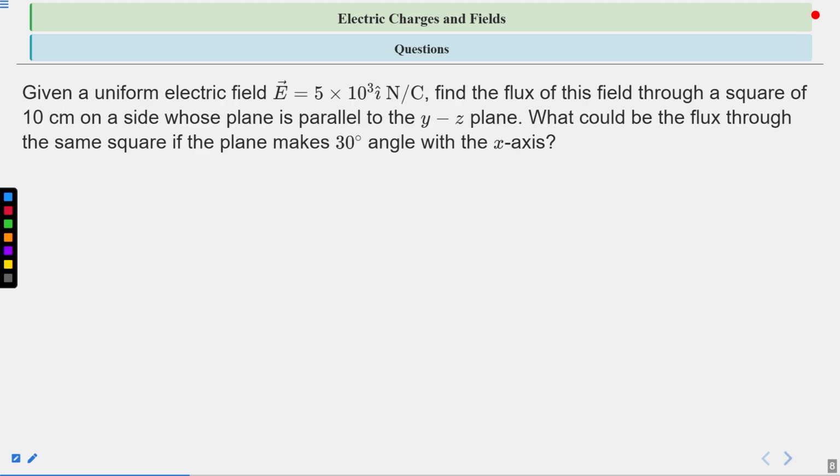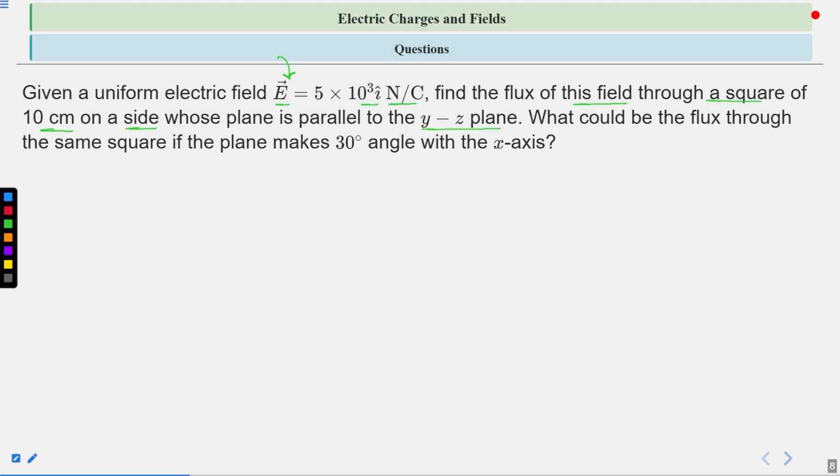Now, given a uniform electric field E equal to 5 into 10 raised to the power 3 i cap Newton per coulomb, the value of E is given. Find the flux of this field through a square of 10 centimeter on a side whose plane is parallel to the YZ plane.